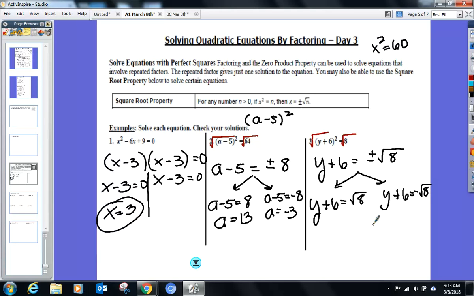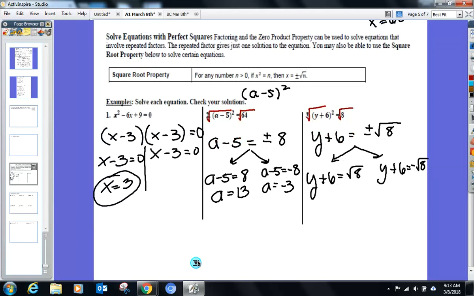So one answer is going to be y equals negative 6 plus radical 8. Leave it like that. I don't need the decimal, please. And what's your other one going to be? Negative 6 minus radical 8. So I still get two answers there.